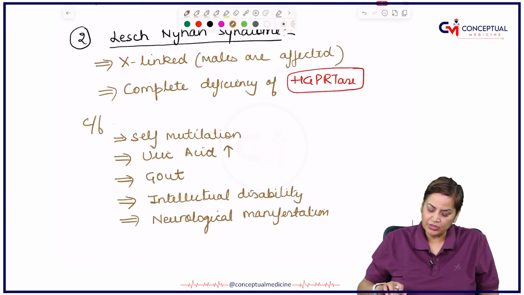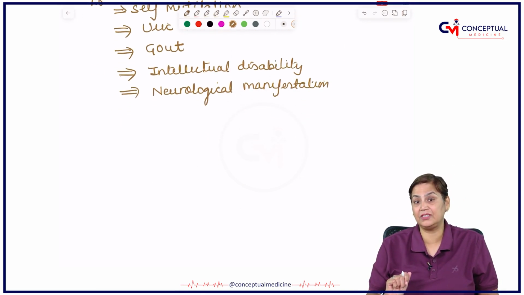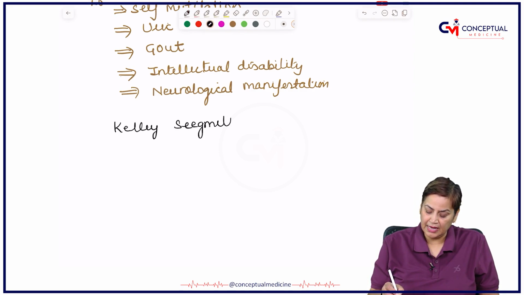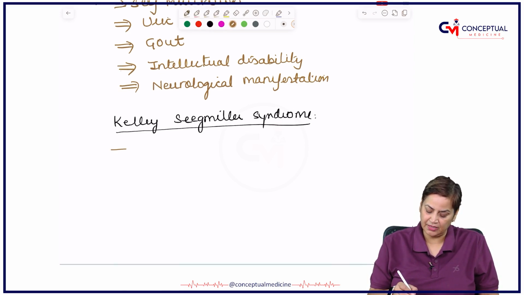Then there is one more syndrome, which is due to incomplete or partial deficiency of the HGPRT enzyme. Here there is partial deficiency of HGPRT.